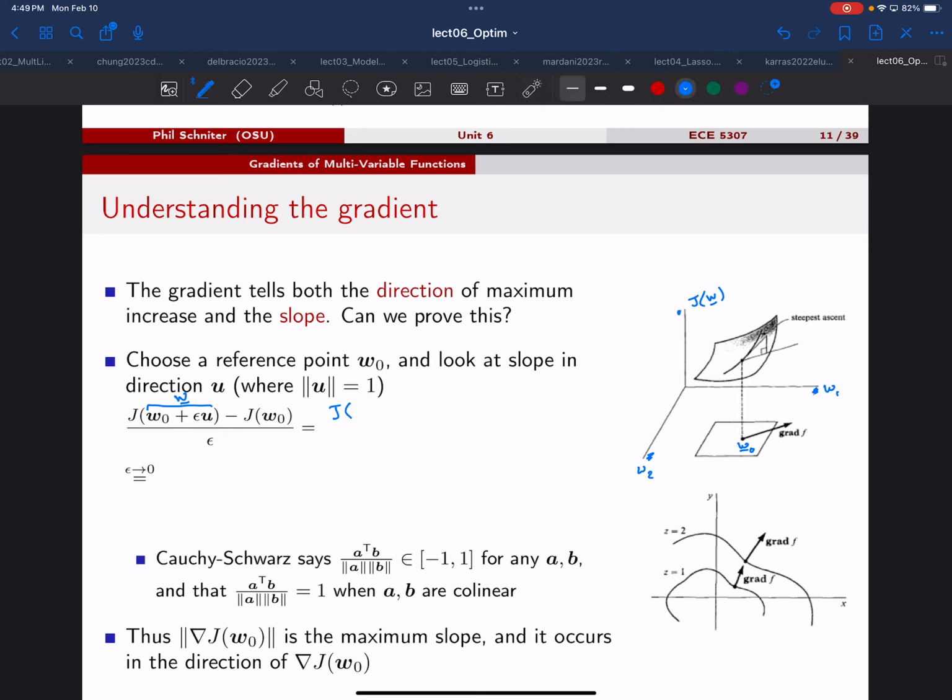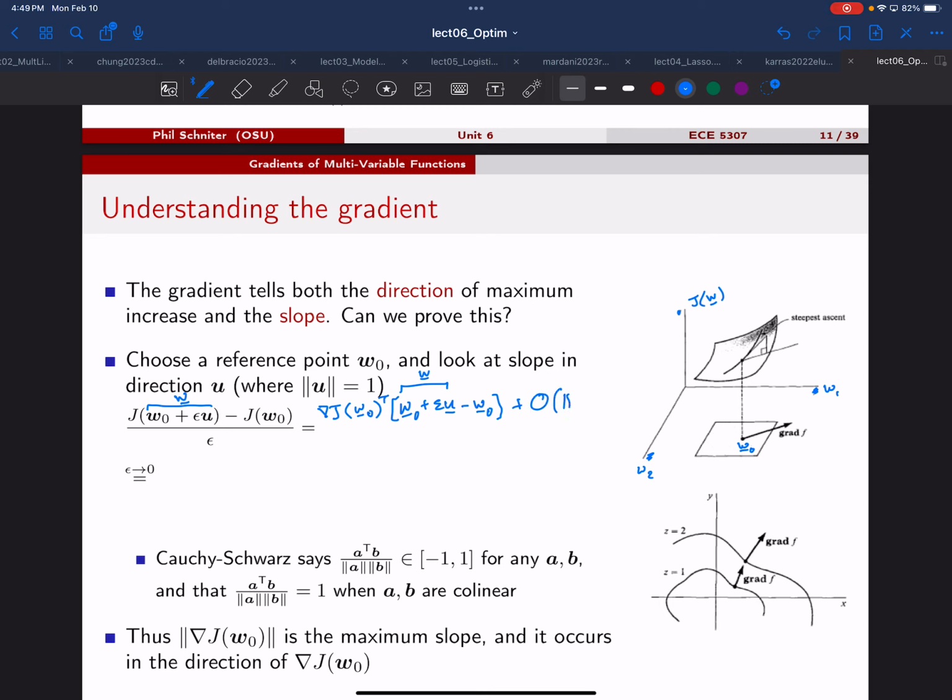We're going to have the gradient of J evaluated at the reference, inner product with W minus W naught, which is epsilon u. Okay, and then there's going to be one more term, plus the big O term.